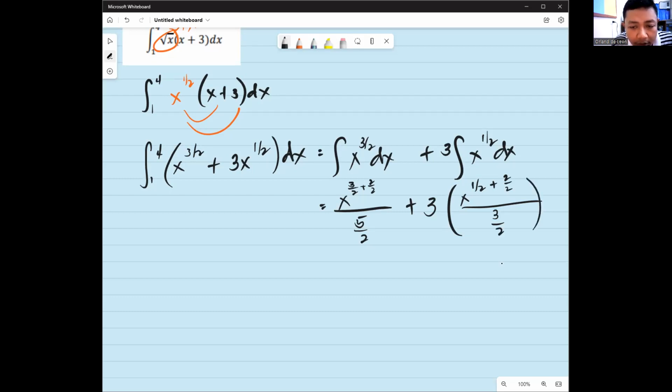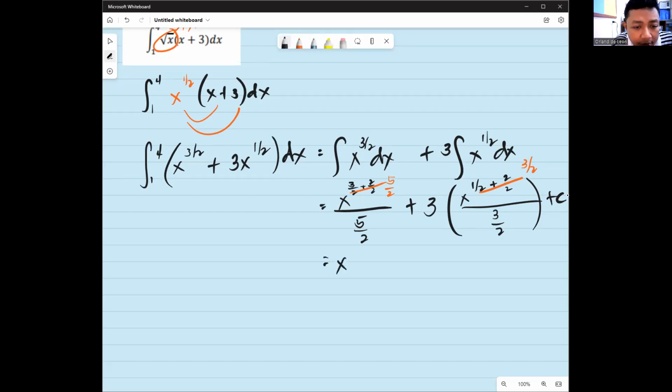And of course, don't forget to write plus c here. So let's change this to 5/2 and this one to 3/2 to simplify our solution.